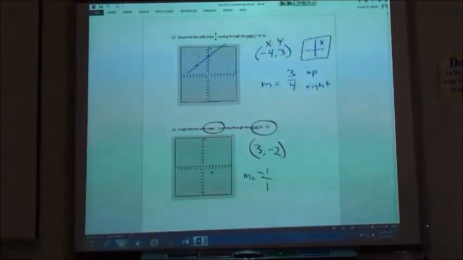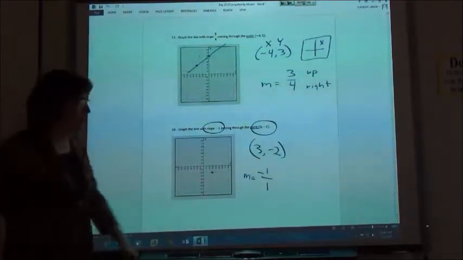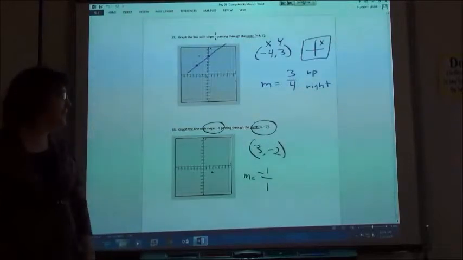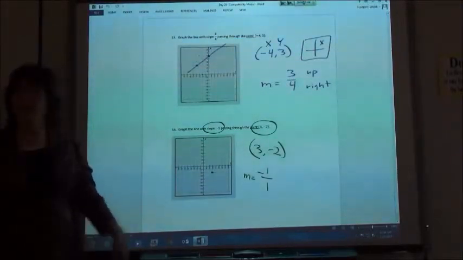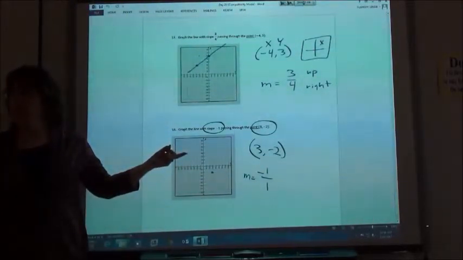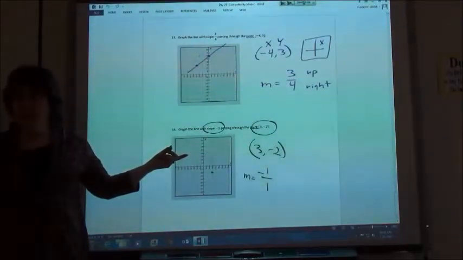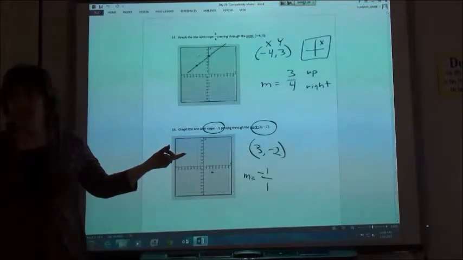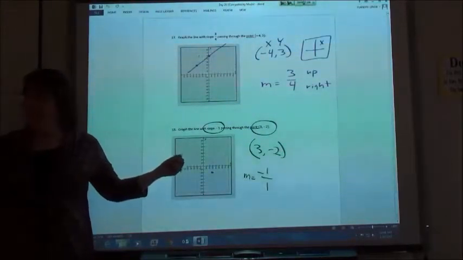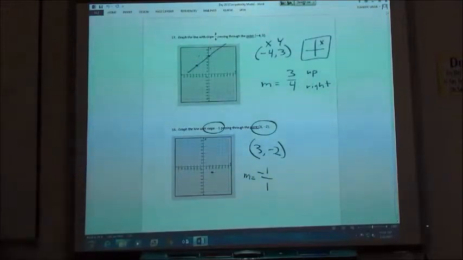So what does that mean you're going to do for your slope? Now, where's that going to go? When your slope was negative, which direction did you have to go?